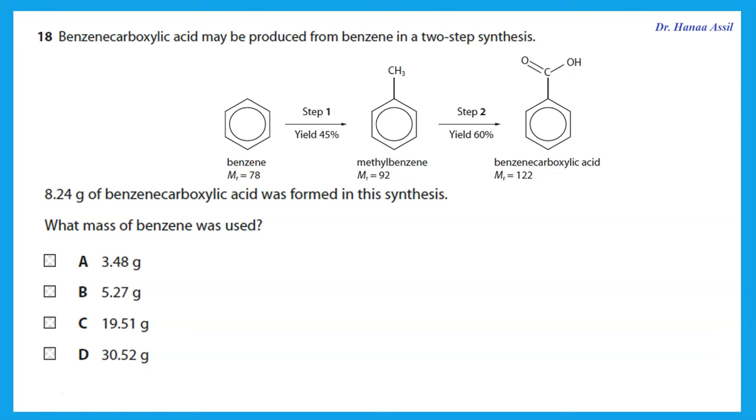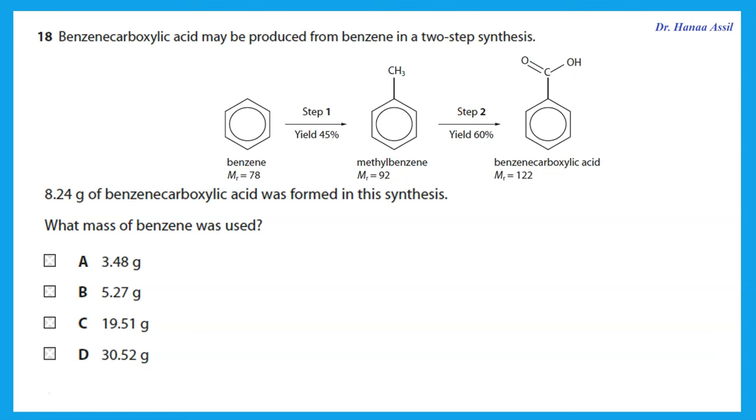Benzene carboxylic acid may be produced from benzene in a 2-step synthesis. 8.24 grams of benzene carboxylic acid was formed. So the product, we got actual product 8.24 grams. That's the actual mass of the product. What was the mass of benzene? Now, we need to pay attention to the fact that each step did not have 100% yield.